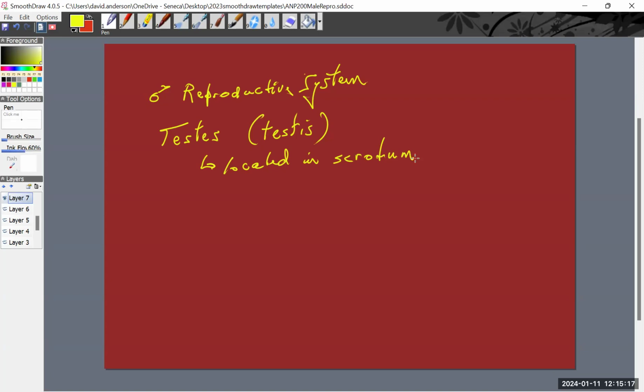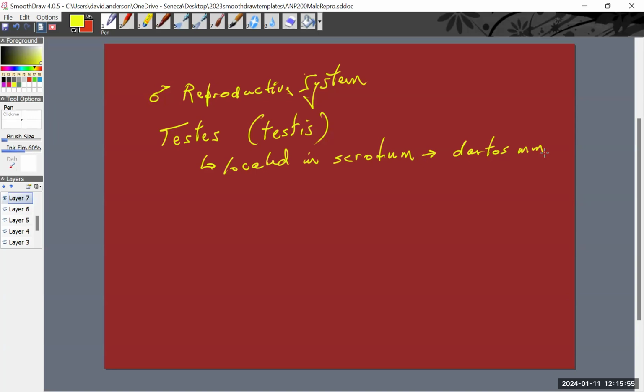And that's a pouch with a septum that separates the right and the left, and is surrounded by an epithelium and a smooth muscle tissue layer, and then an outer connective tissue layer for a little bit of protection. The muscular layer is called the dartos muscle, and when it's relaxed, it creates a relatively large surface area for the scrotum, which is going to allow the dissipation of heat.